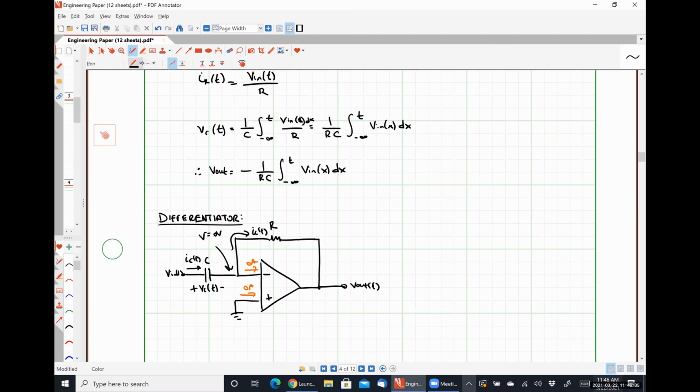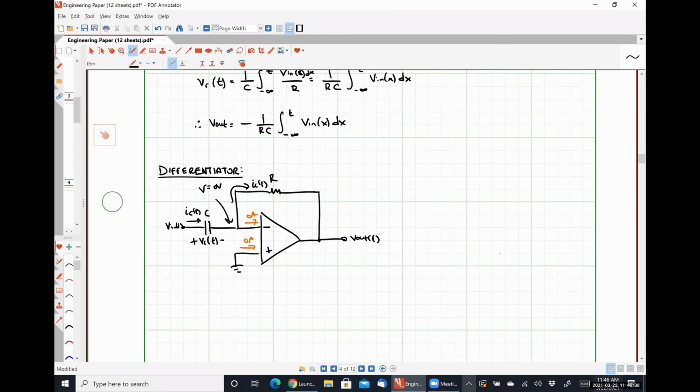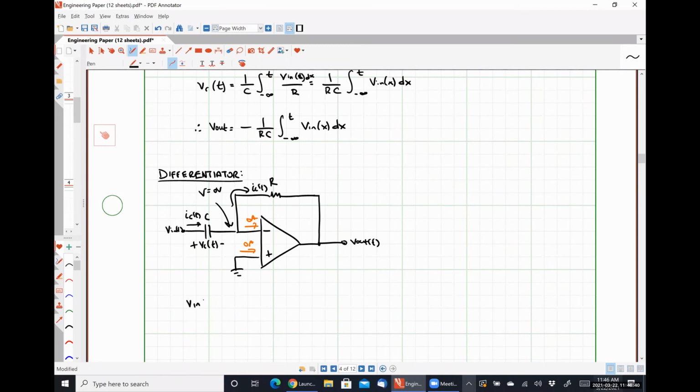So by inspection, hopefully we can see that V in of t is equal to Vc of t, and therefore our current Ic of t is C dV in by dt, using our other current-voltage relationship for a capacitor, right?